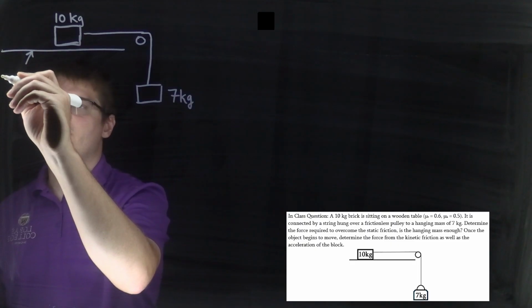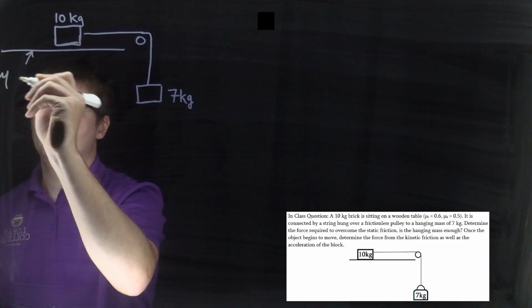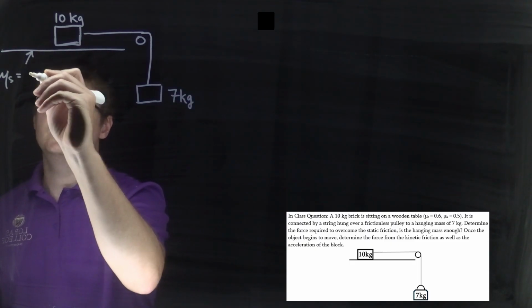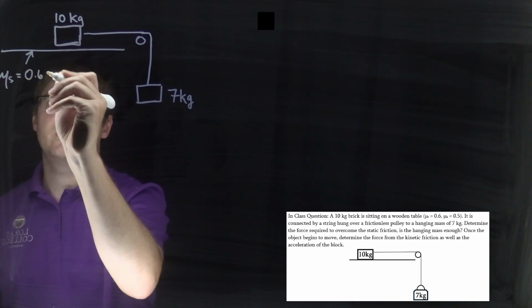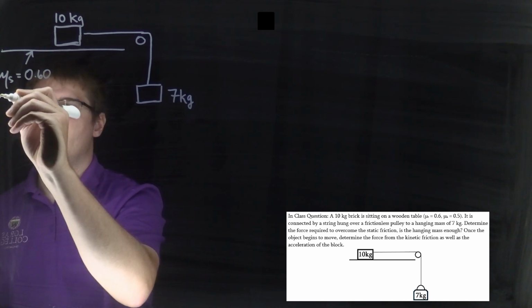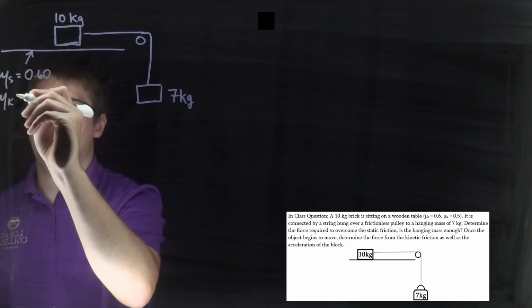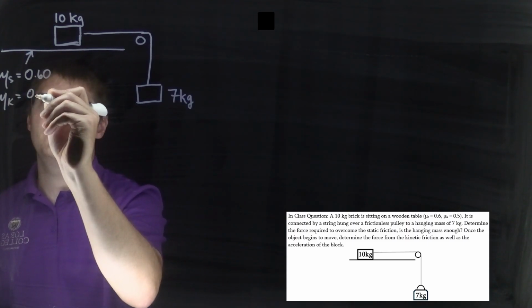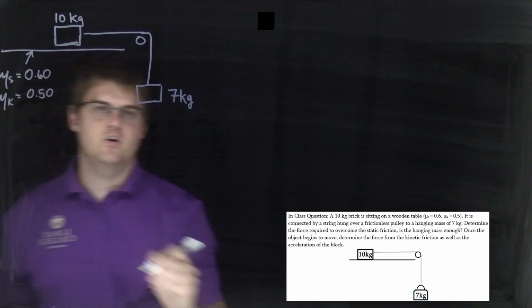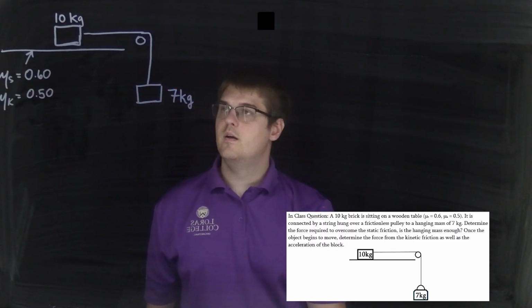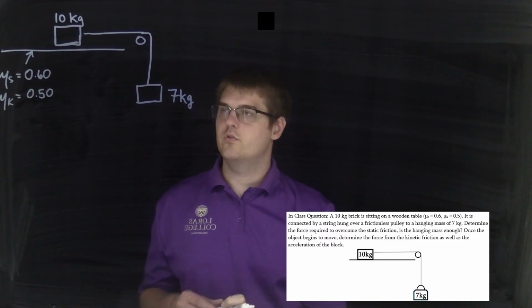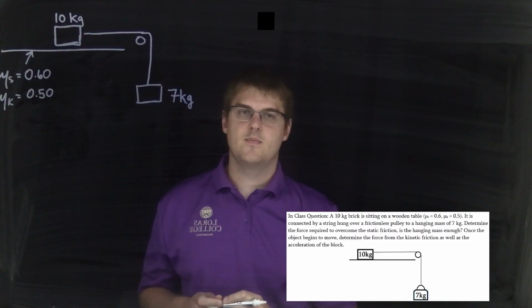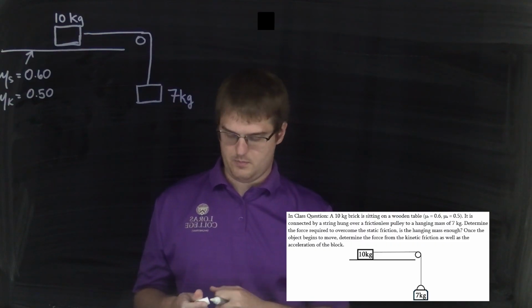So I have a coefficient of static friction, which is going to be equal to 0.60, and I have a coefficient of kinetic friction, which is going to be 0.50. Okay, sorry, those are a little bit off the board there. So I've got my inputs there.